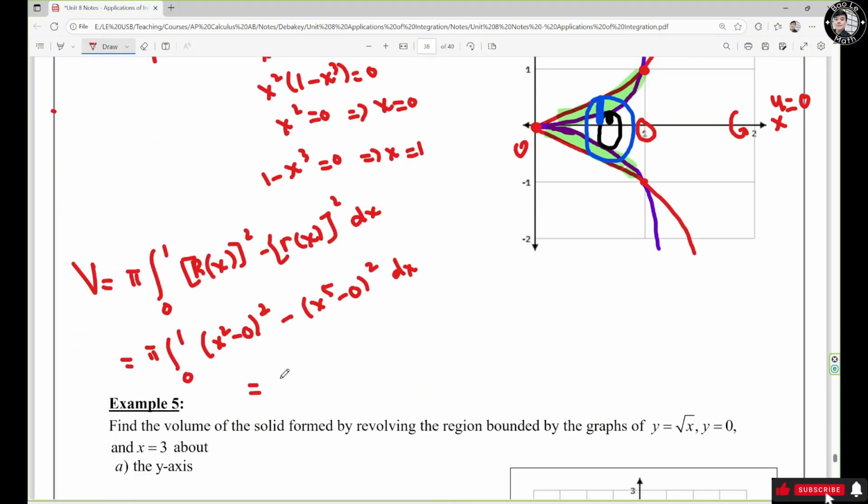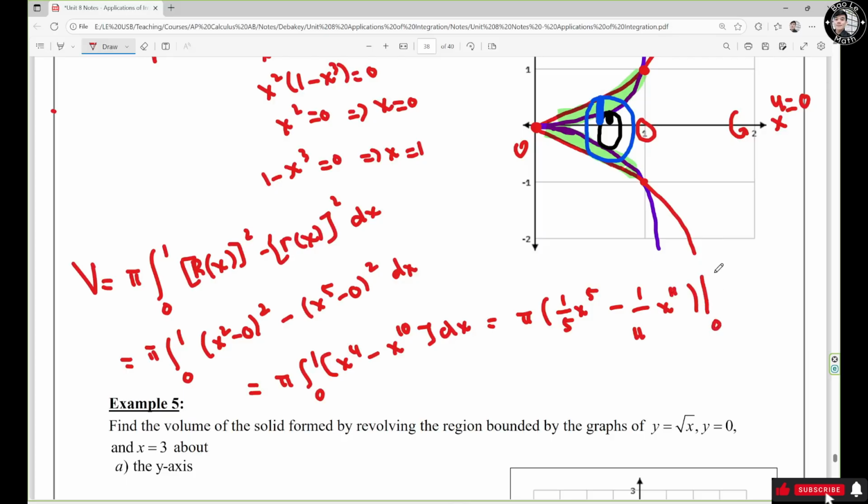Then it turns out to be pi times the integral from 0 to 1 of s power 4 minus s power 10, ds. Now take the antiderivative of this one, which is pi times 1/5 s power 5 minus 1/11 s power 11, evaluated from 0 to 1.